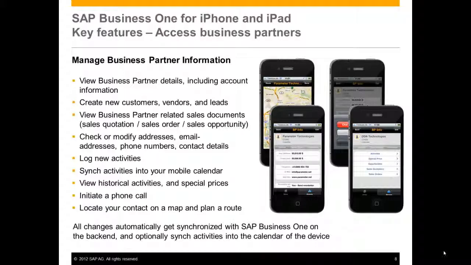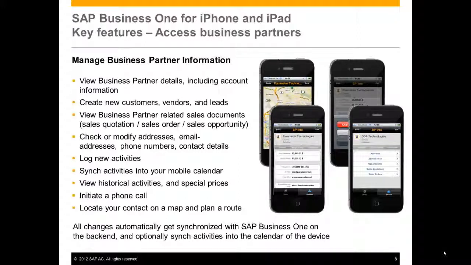Some other key information that's also included inside the mobile application and has been for quite some time is the ability to manage your business partner information, all the business partner details, including your account information. When you're on the road as a salesperson, if you're interacting with a new customer, a new supplier, or you've encountered a new lead at a trade show or in your day-to-day work, you can create those business partner records immediately.